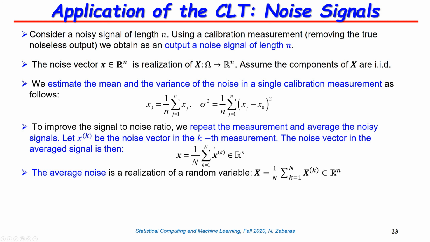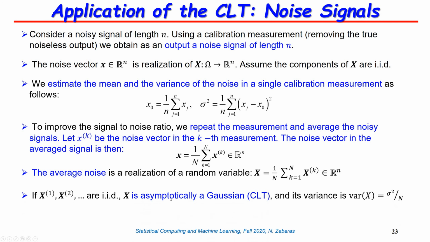Remember, we are averaging this over different measurements. I'm repeating the experiment multiple times, averaging over n experiments. So at each time, can I say something about the mean, and more importantly here, about the variance, the error that I have on my noise? What is the level of the noise that I have when I average my measurements?